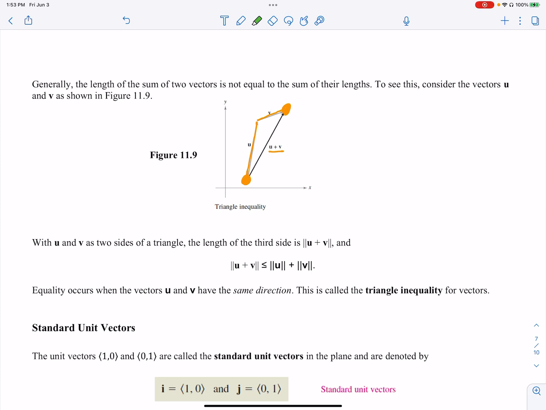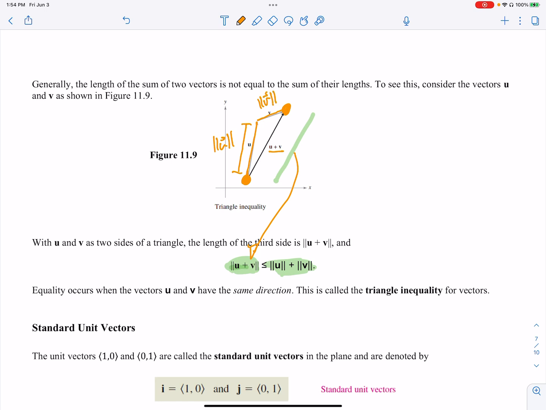So the triangle inequality says this. Take the magnitude of u plus v. That is less than or equal to the sum of the sides. Remember, the magnitude means the length, right? So the length of this side is the magnitude of u plus v, the length of this side is the magnitude of u, and the length of this side is the magnitude of v.